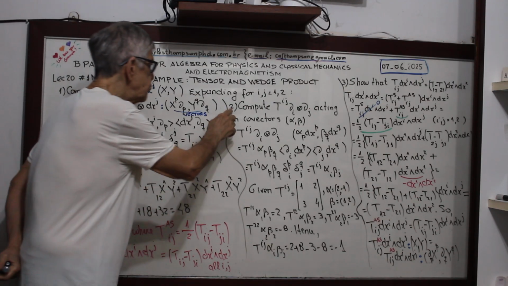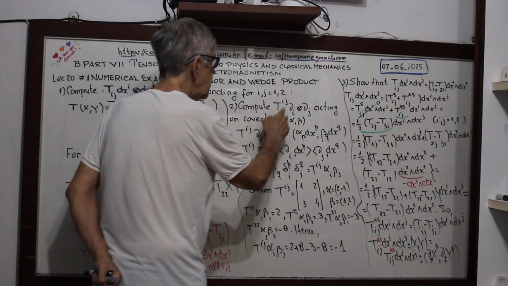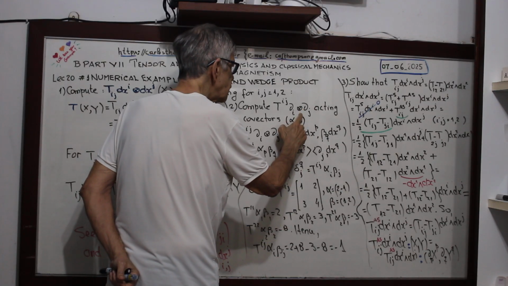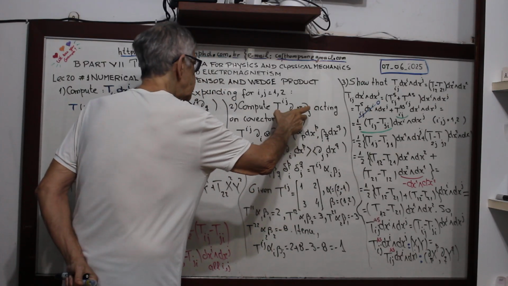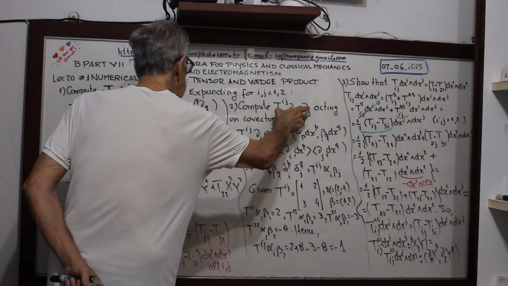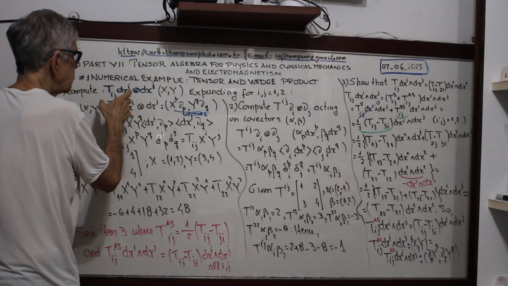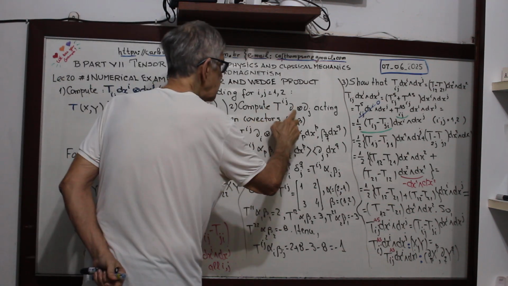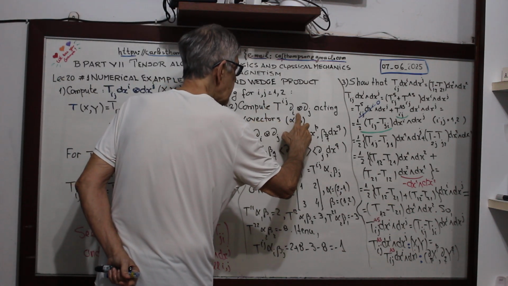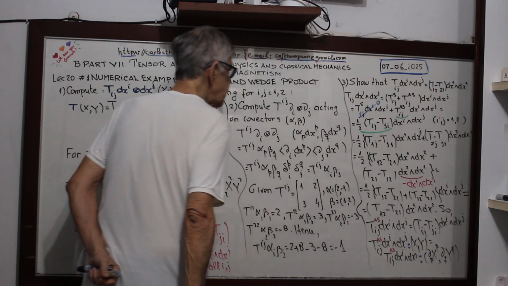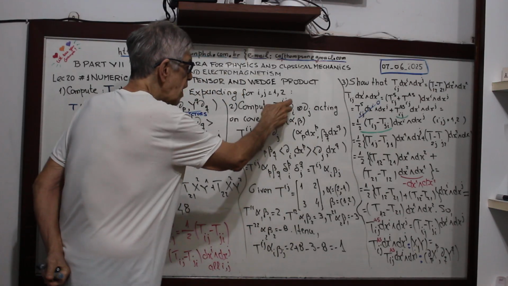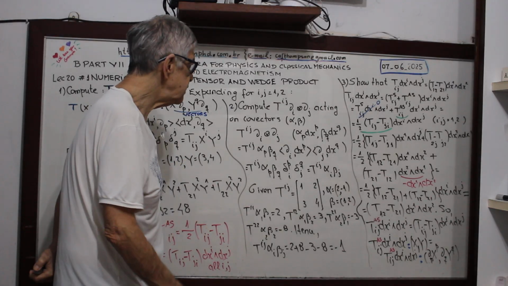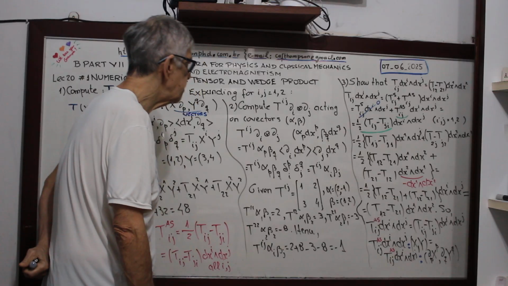Now, number 2, compute T^ij, now partial x_i tensor product partial x_j. Look at the difference between this and this over here. This over here acts on vectors. Now these T^ij are the contravariant components of T, of the map.